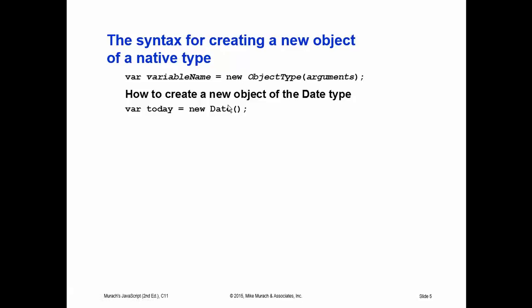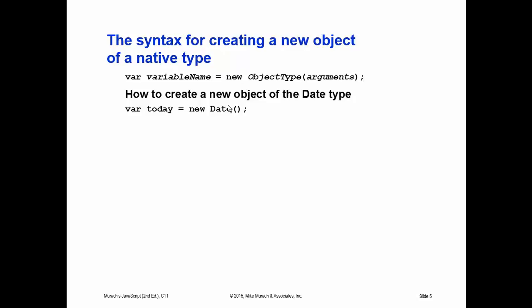When you create a variable with a literal value, JavaScript converts it to its corresponding native object type. It's a best practice to create native objects this way rather than use the new keyword. To access a property or a method, you use the dot operator or you use brackets.